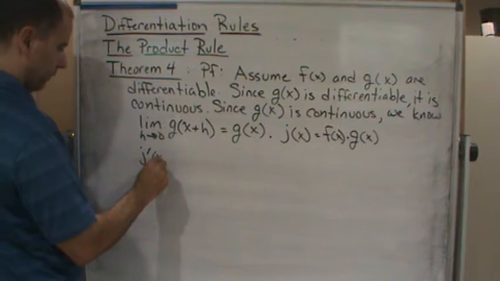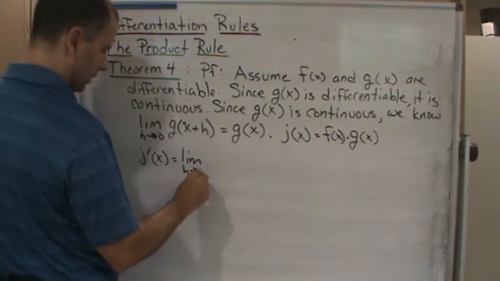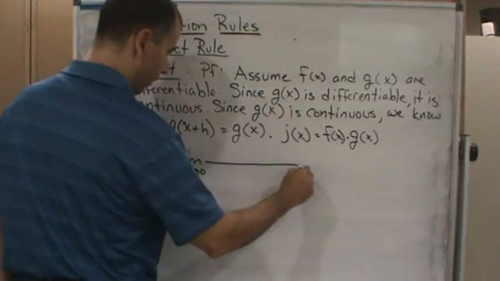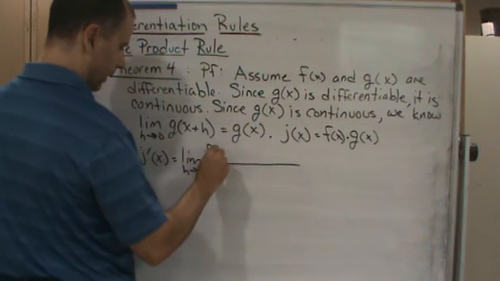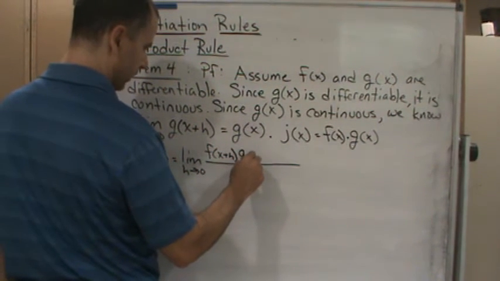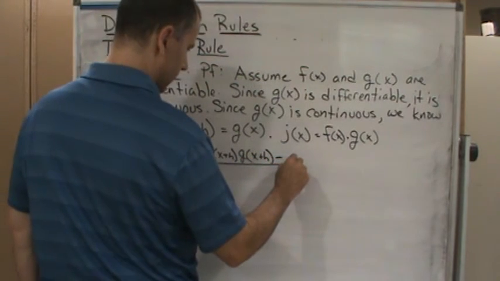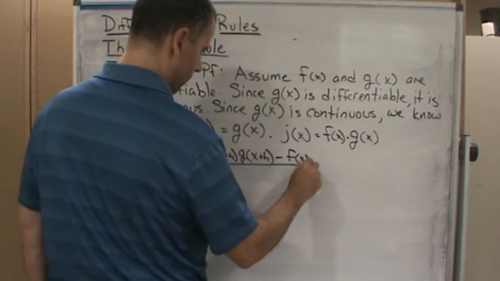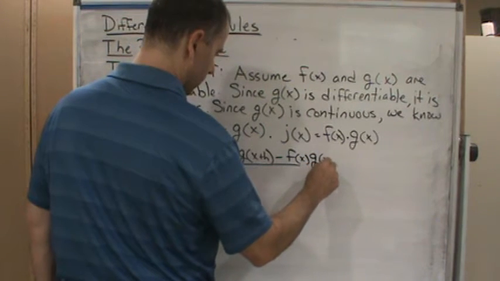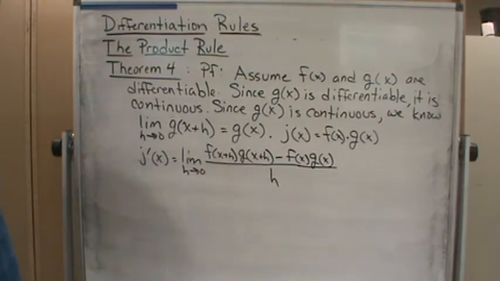J prime of x equals the limit as h approaches 0 of what? We're going to get f of x plus h times g of x plus h minus f of x times g of x over h. Okay, right? So that's what we have so far.